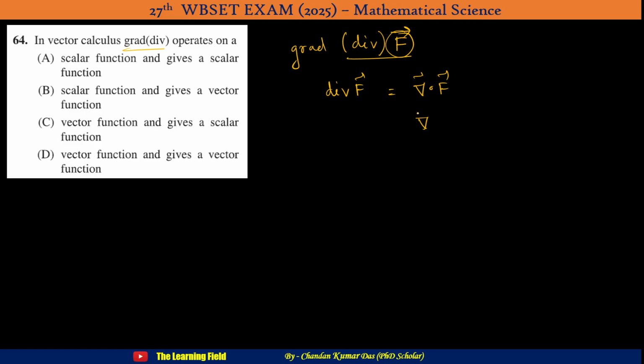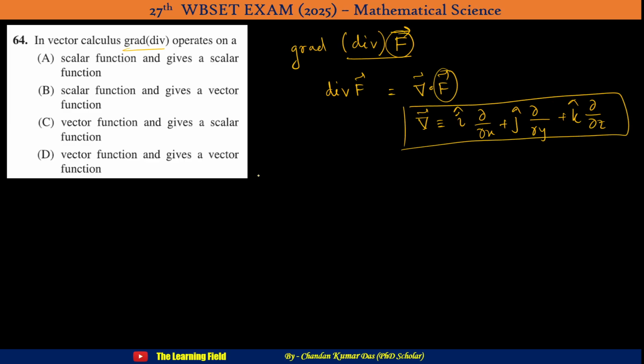Grad stands for the operator i del del x, if f is a three variable function, plus j del del y plus k del del z, and this only operates on a vector function f, right? And gradient is a vector function, so it should be operated on a vector function that gives a vector function. Option B is our correct answer. Both should be vectors, otherwise div grad is not defined.